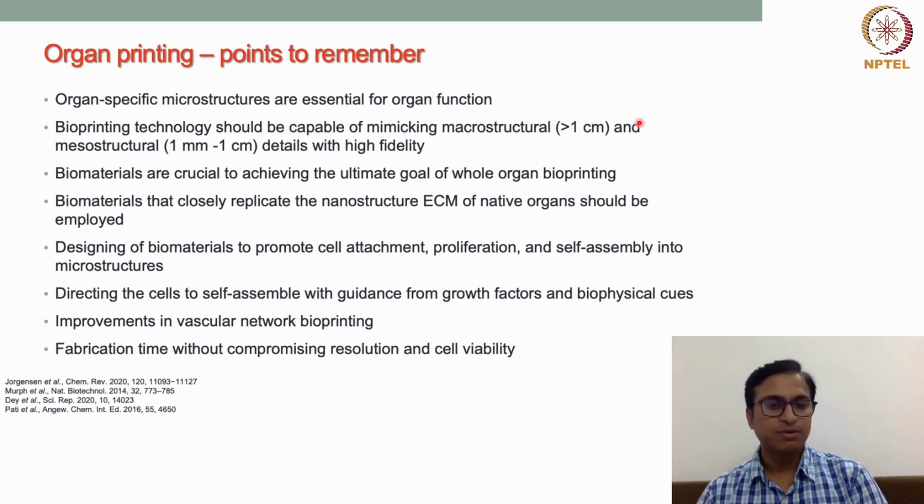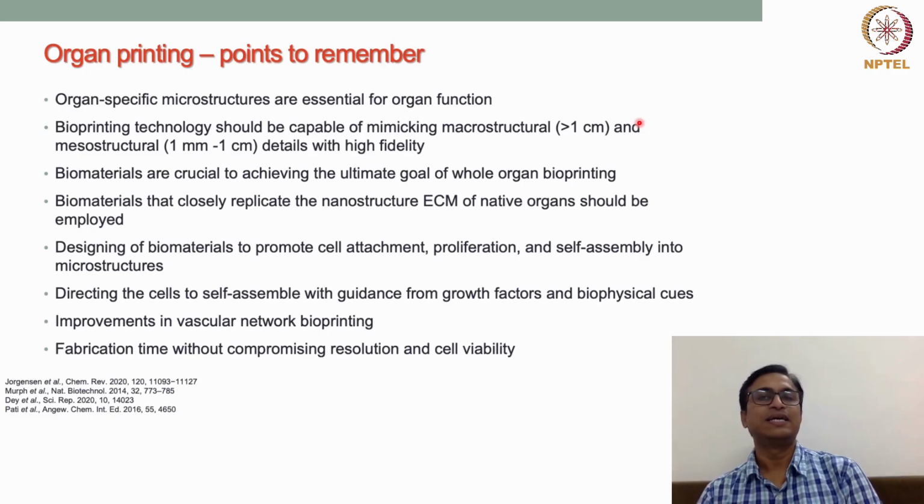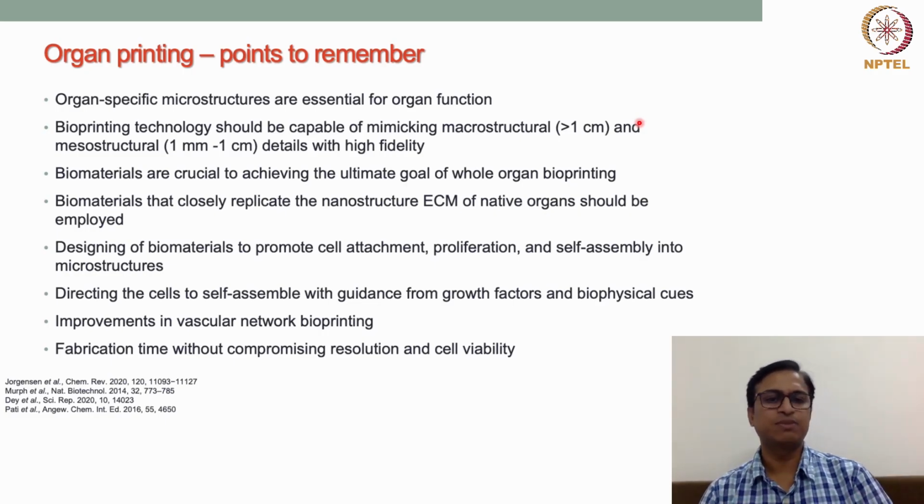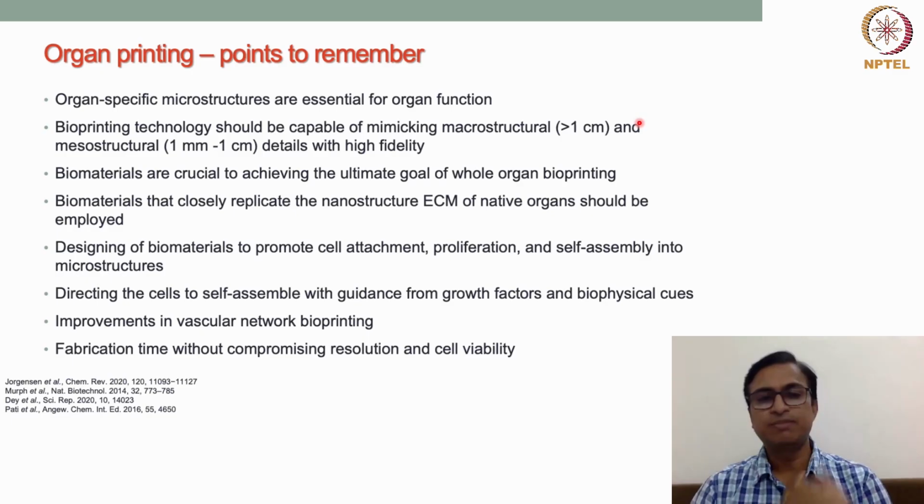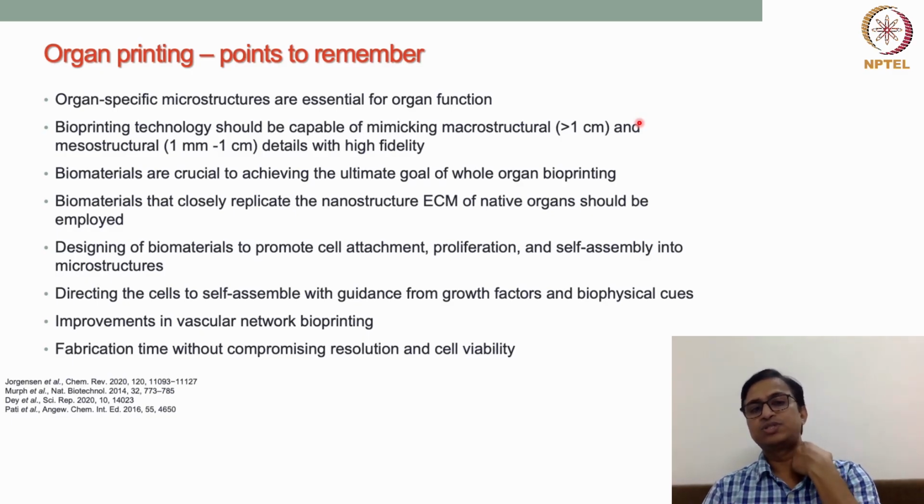We need to understand what types of biomaterials to use, how we can use them, and how we can recreate the extracellular matrix complexity with them. If we understand those things, then only can we print the whole organ.